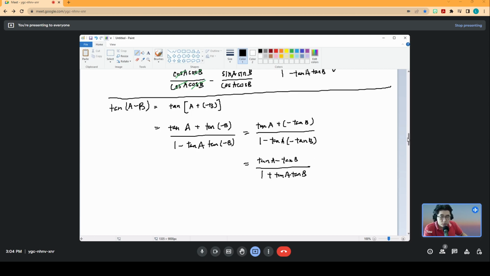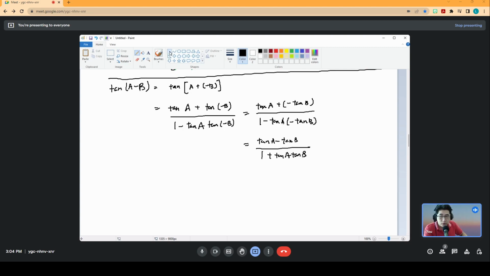To help students understand the formulas, there is nothing other than doing the exercises. So let's see what exercises we can do to help students understand better.